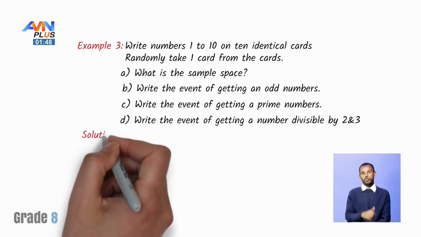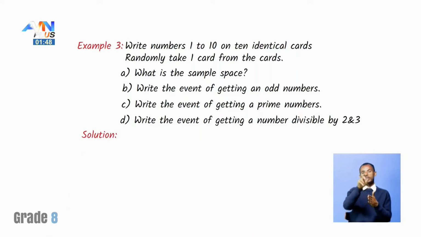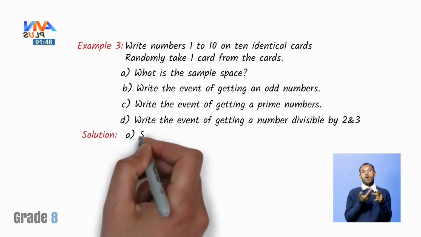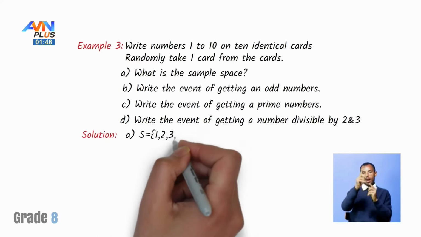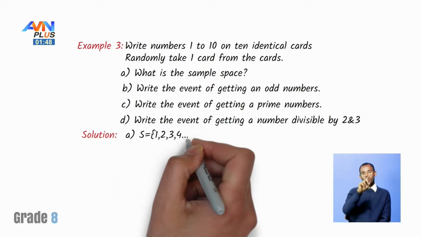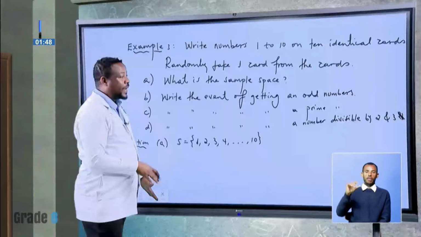The answer for A part asks about the sample space. So our sample space contains numbers 1 up to 10: 1, 2, 3, 4, and so on. The last number will be 10.